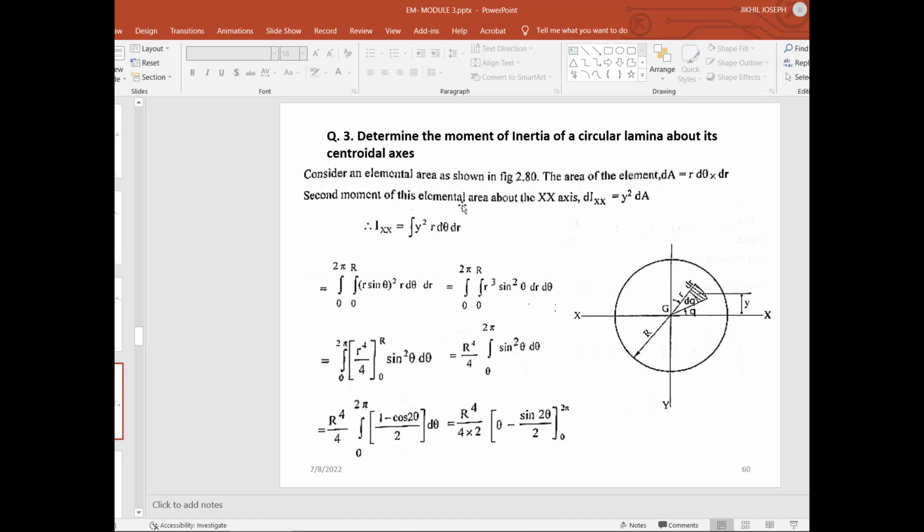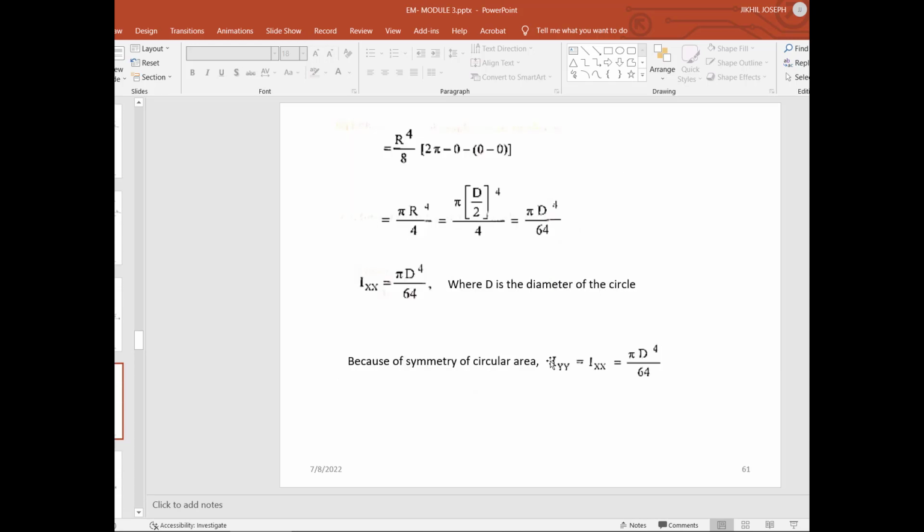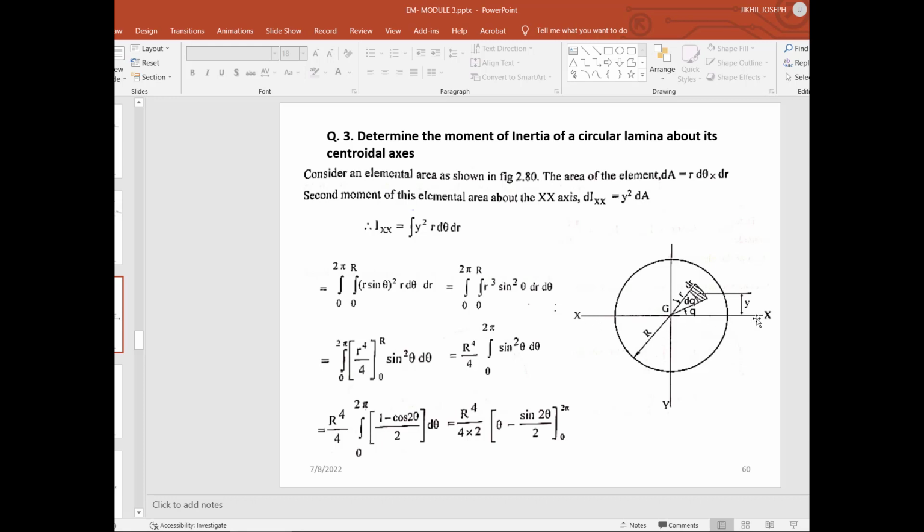Second moment of this elemental area about the x-axis is equal to y square, which is the centroidal distance, into dA, which is the integral of y square r d theta dr, integrated over 0 to 2 pi in the circumferential direction, and 0 to r in the radial direction. So it is a double integration.